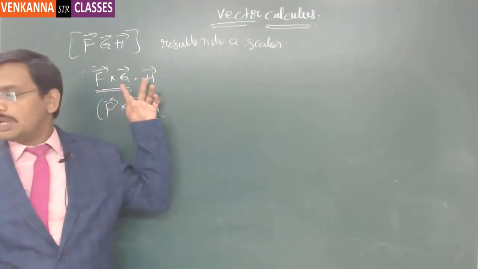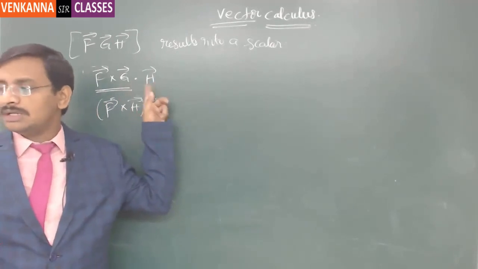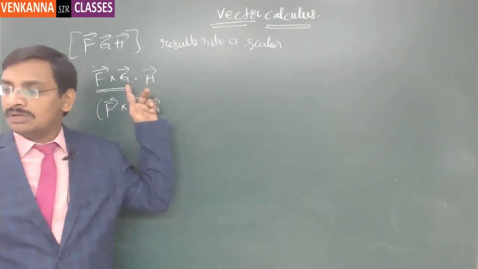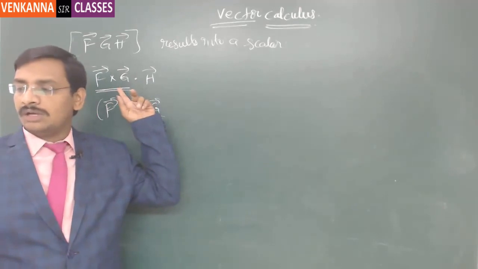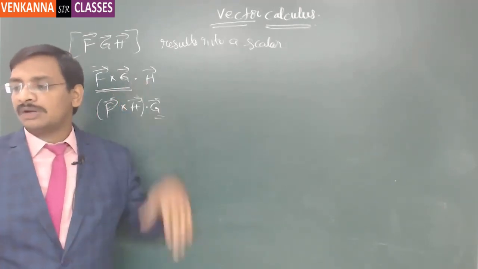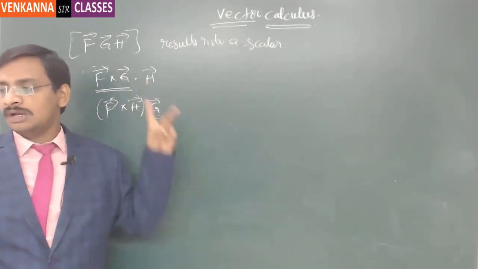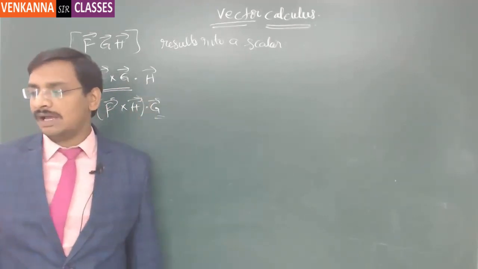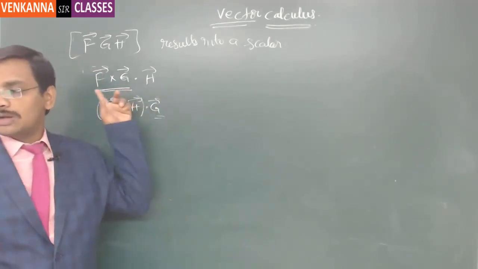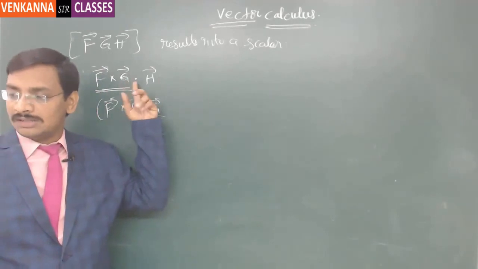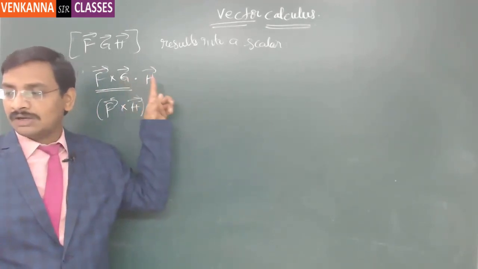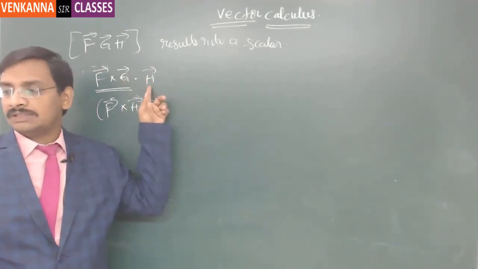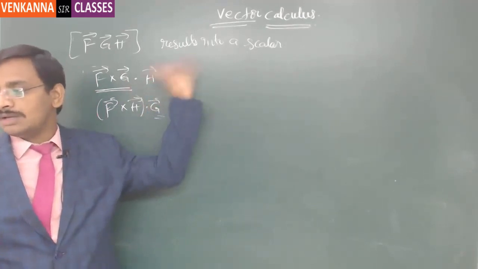Because if you take g dot h first, it will result in a scalar, and with a scalar you cannot do a cross product. A cross product has to be done only between two different vectors, but a dot product results in a scalar. So you have to do the cross product first, so that you get a resultant vector. For that resultant vector, you do the dot product with h. Then the result is going to be a scalar value.